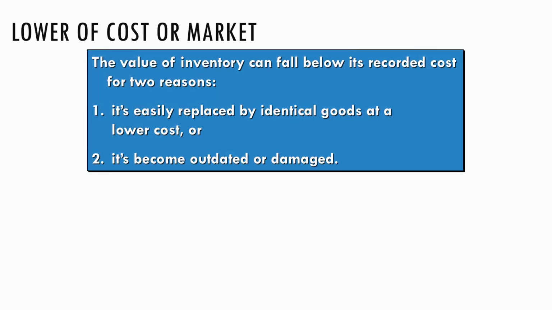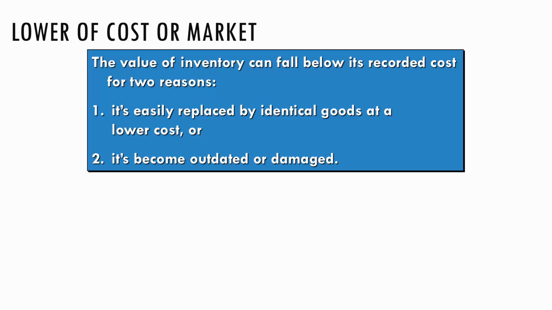Now this inventory value may fall because if we go out today and buy the identical thing, it could have a lower cost, or it may be because it's an outdated or a damaged item. For example, we know that fashion changes. The thing that's in style one winter may not be in style the next winter. So if we still had merchandise on hand from a previous season, it makes sense that if we were to buy that merchandise today, it's no longer in style, we would not pay as much for it.